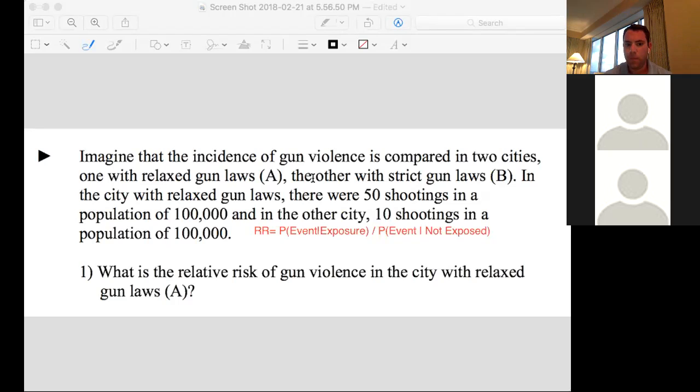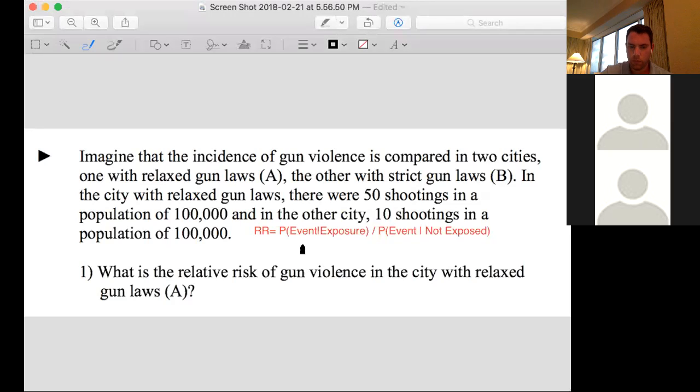Right, so you said P of the event would be the number of shootings over the population, right? So what would go in the numerator and what would go in the denominator, and how do we solve this?